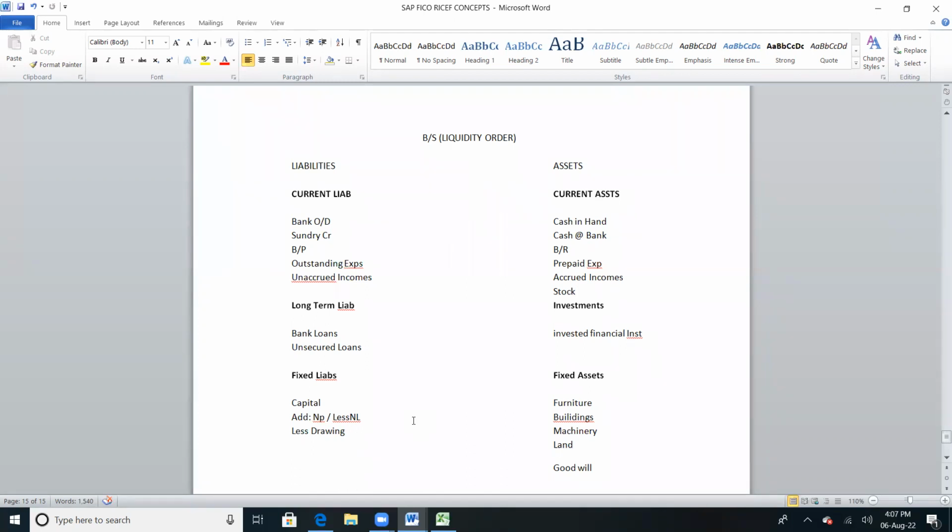Clear now? If someone is showing you a balance sheet, then we need to check the order. Companies will follow the order of permanence: the least urgent payment will be shown first and the most urgent payment will be shown last.